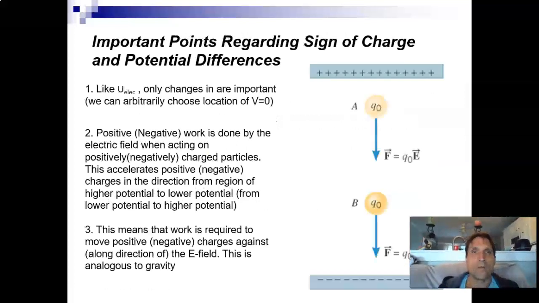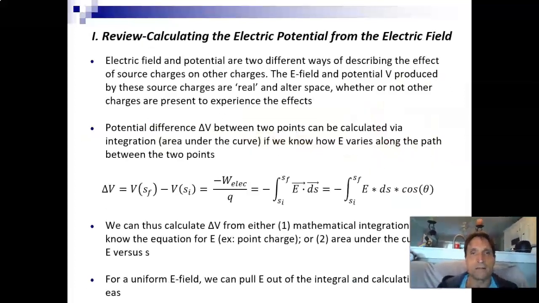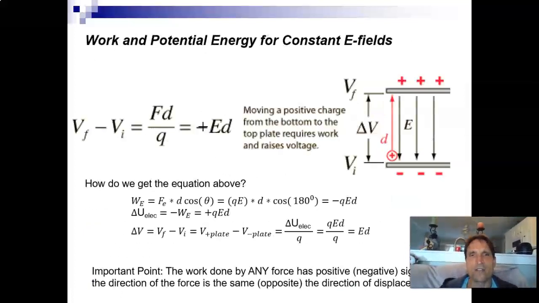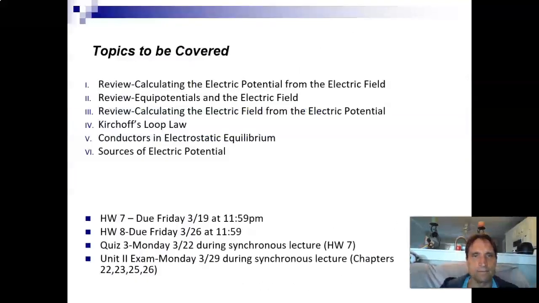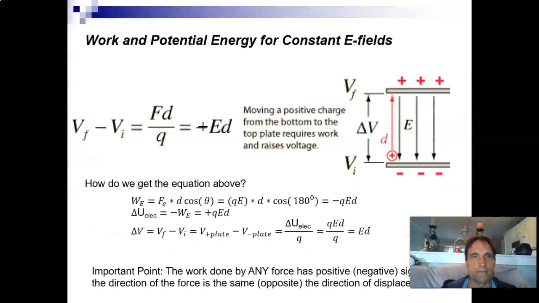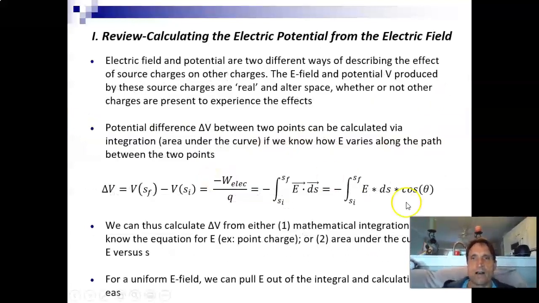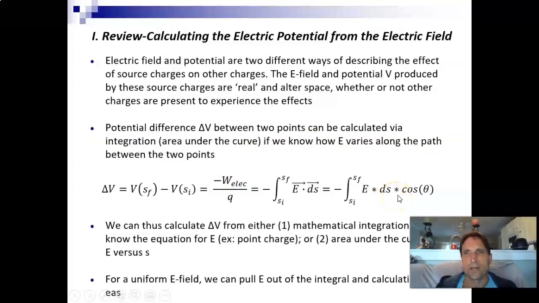Now, if we go back to our equation here, and let's just, for simplicity, assume a constant force. I'm sorry. Suppose that the displacement is perpendicular to the electric field.